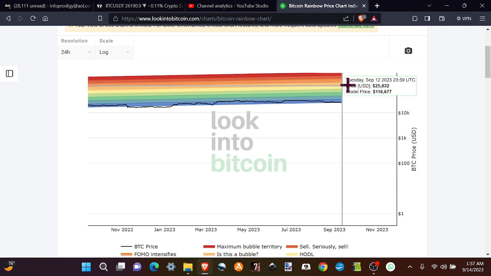And then at the top of that is 116,000. And then when we get all the way up to the red, the beginning is 296,000 and the top is 403,000. That's pretty impressive. Very impressive.